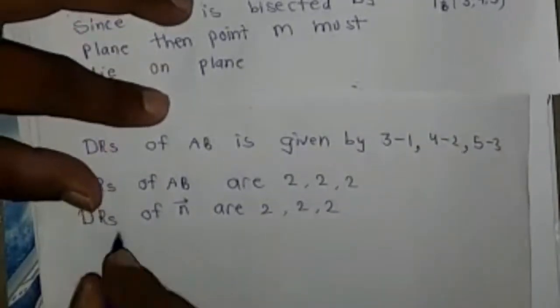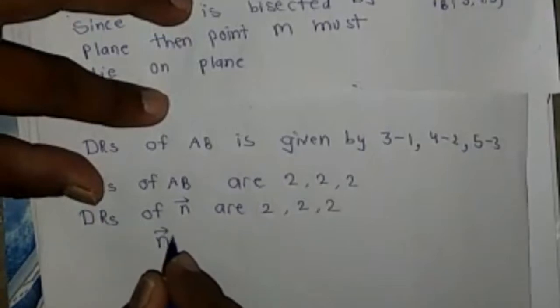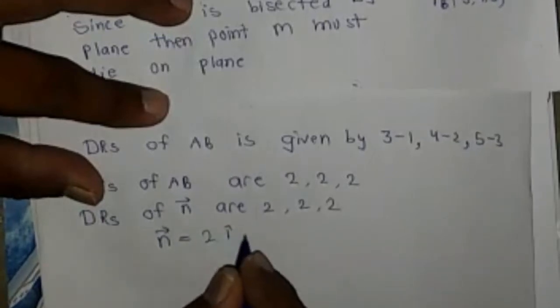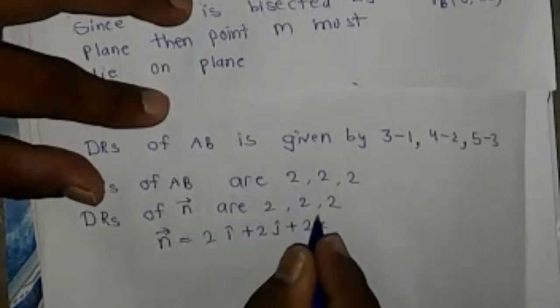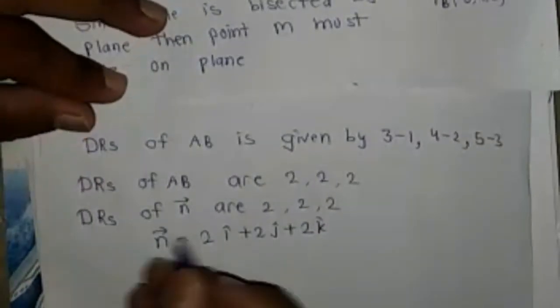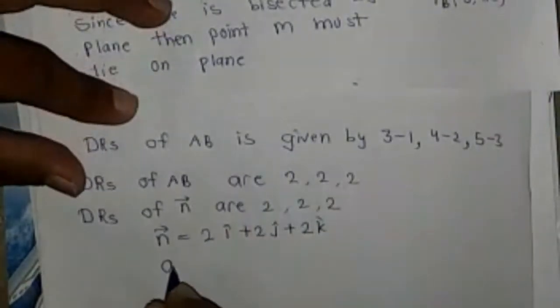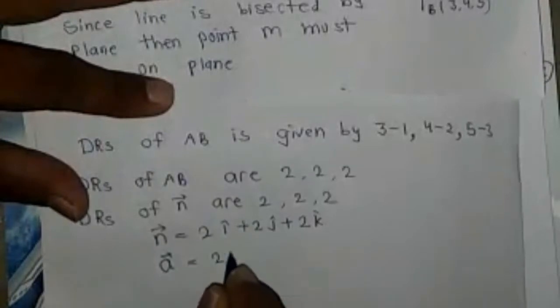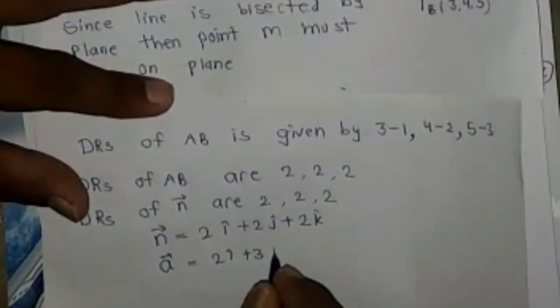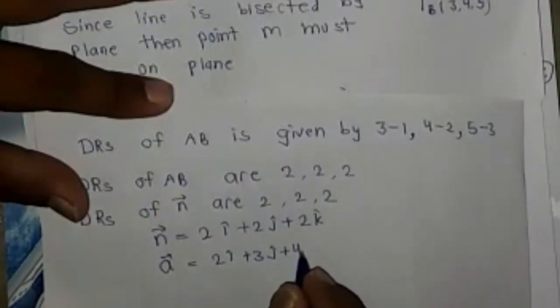And the value of n vector is 2i plus 2j plus 2k. The position vector of point M is 2i plus 3j plus 4k.